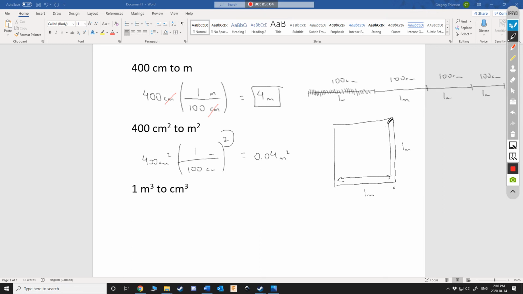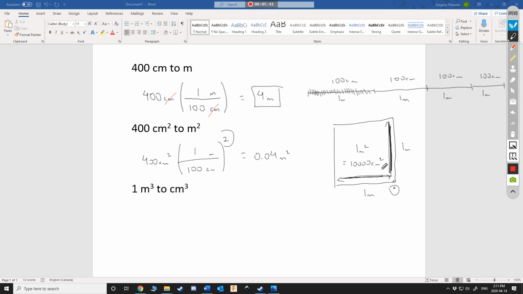So if you know 100 centimeters fit in lengthwise and 100 centimeters fit in widthwise, 100 times 100 is 10,000 centimeters. So 1 meter squared is equivalent to 10,000 centimeters squared. 10,000 of these tiny things fit inside this area of space.